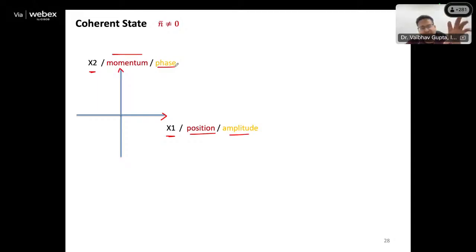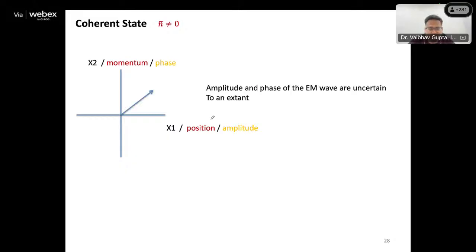This all is the same thing: you are trying to measure two different quadratures. In terms of electronics measurement, this is homodyne measurement. This is usually what you measure, amplitude and phase. Talking about quantum, what you measure is momentum and position.